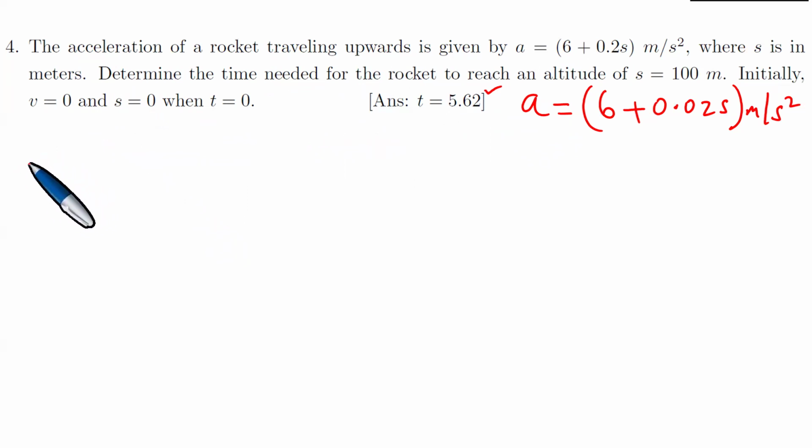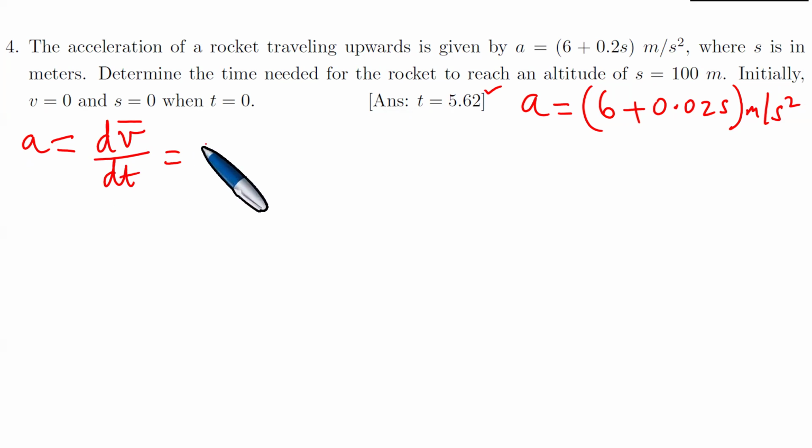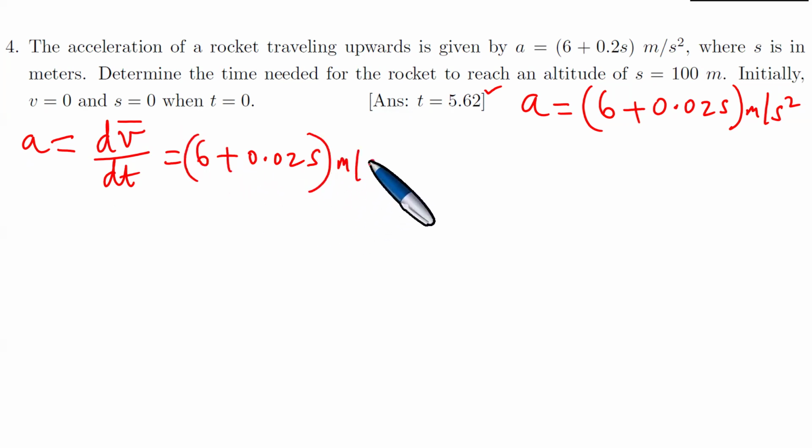I'm trying to make sure that we outline a clear method for solving this question. To solve it, a couple of things we need to do. We have been given acceleration, but acceleration itself is dv/dt, and this is 6 plus 0.02 s, and the units are meters per second squared.